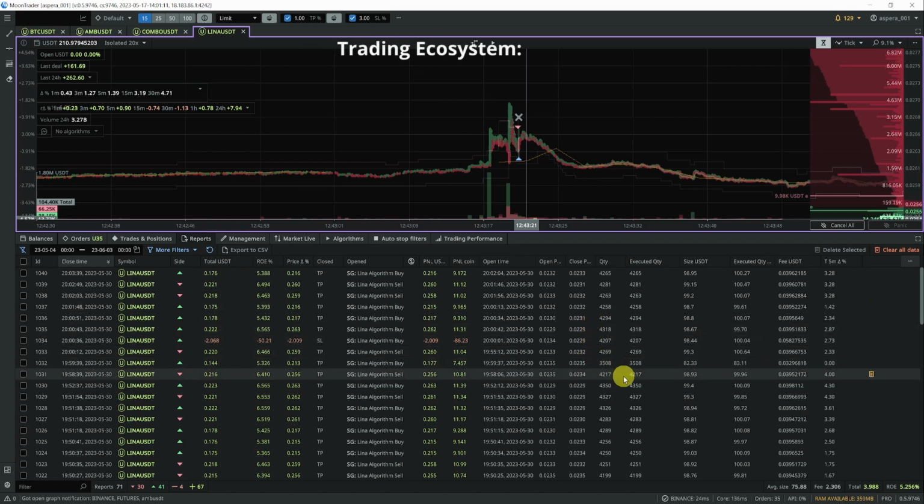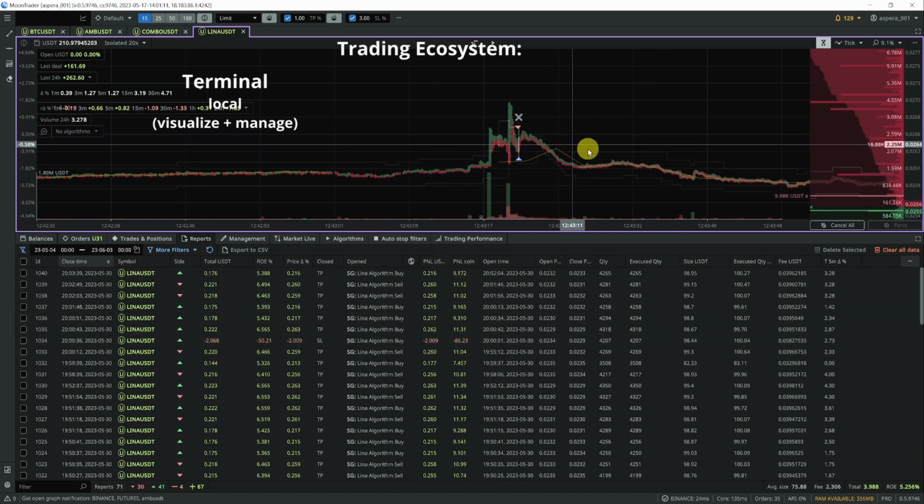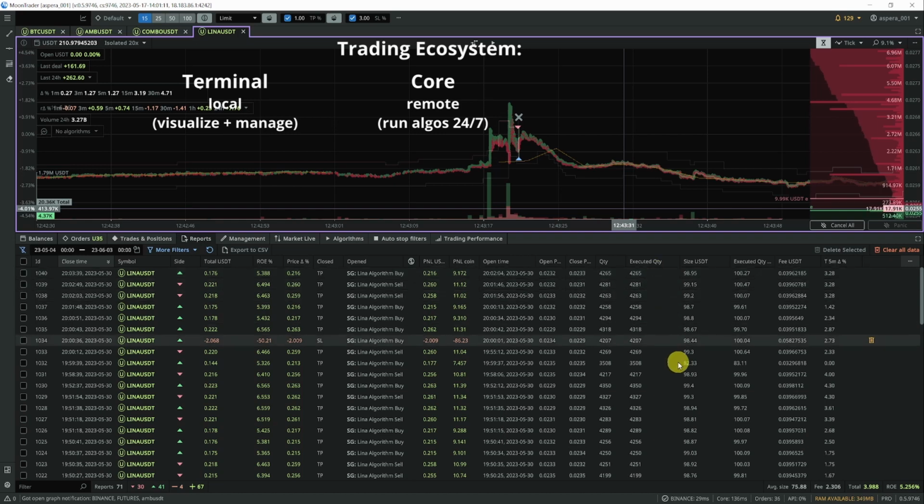So there are 3 main points. Number 1 is this terminal that I'm running on my local computer. Number 2 is the Moontrader core, which is running on a remote server 24/7 so that I can close my laptop and go to sleep. And number 3 is the Binance servers.